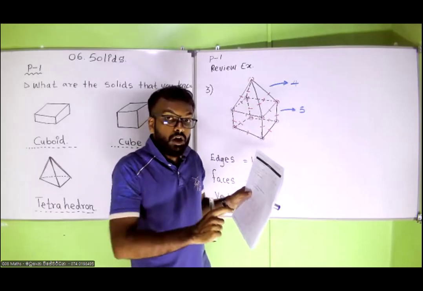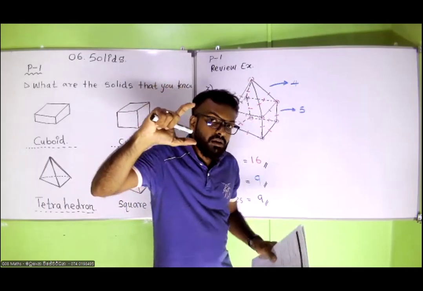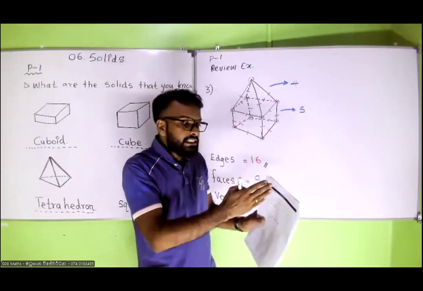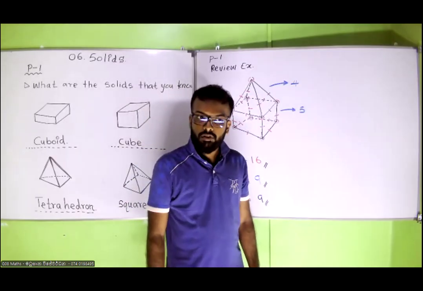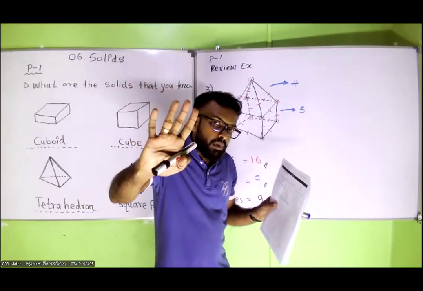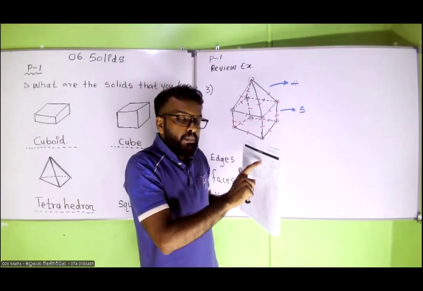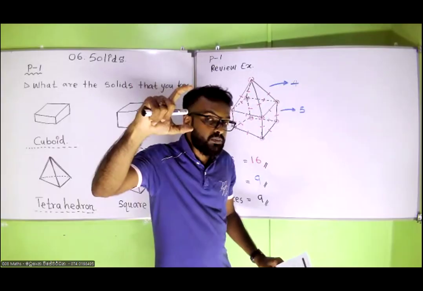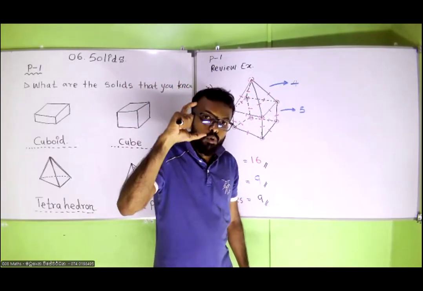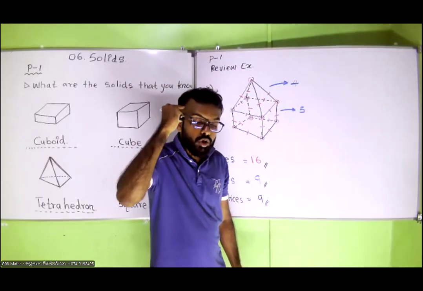Those spaces are the most important keywords that you need to remember for each and every solid. When you are referring to octahedron, you need to remember these blank spaces. Blank spaces means we are going to fill them. Those are the most important keywords you need to memorize.